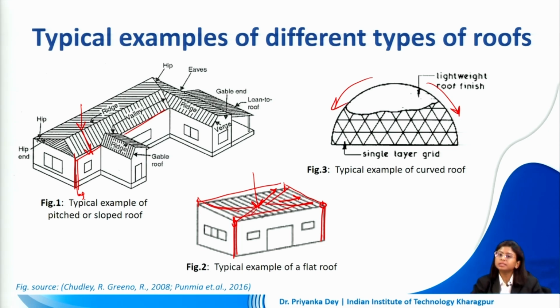However, it will not nearly be at a rate or speed at which it would have happened on a pitched surface. So definitely a certain amount of accumulation will happen for a short period of time and our roof surface should be treated in such a way that it is able to protect itself and does not allow the moisture to penetrate into the internal surfaces or affect the ceiling or the walls of the building.